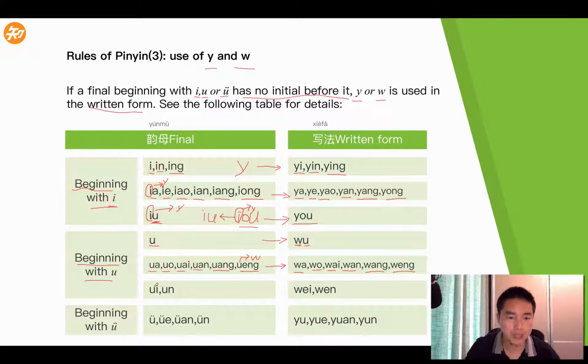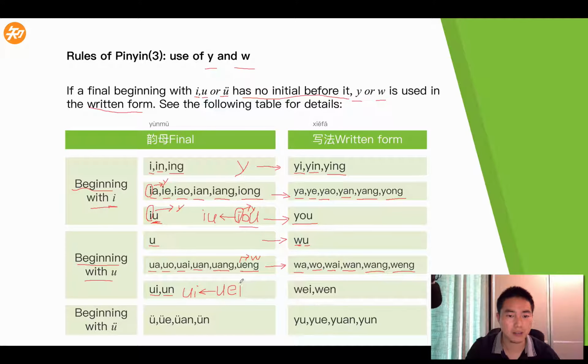Okay. Now the third group is like wei and wen. So we need to do this because they're transformed from the others, right? So we need to write the original form. For example, wei is transformed from uei like this.